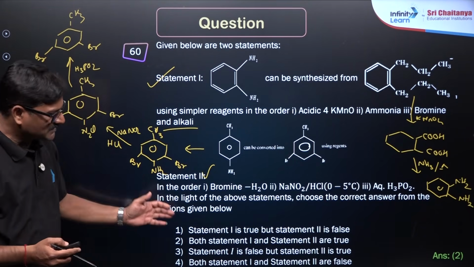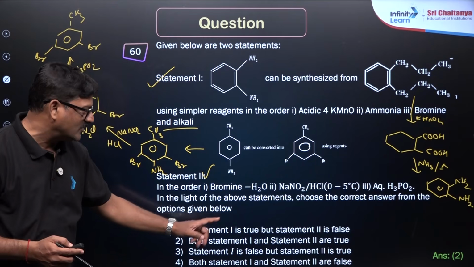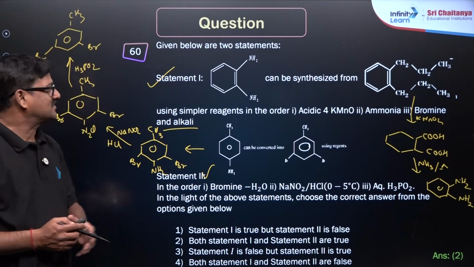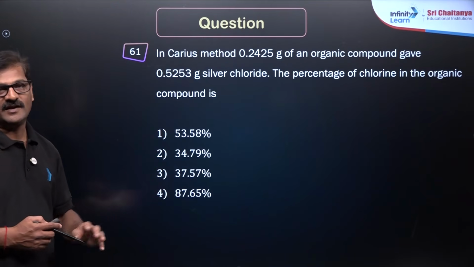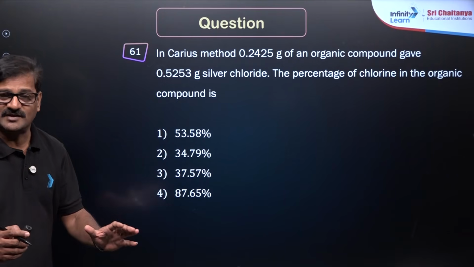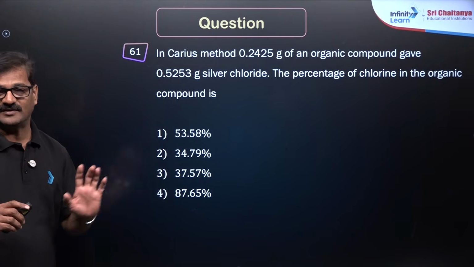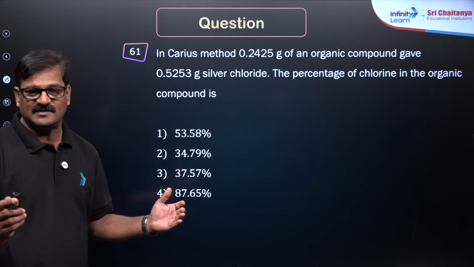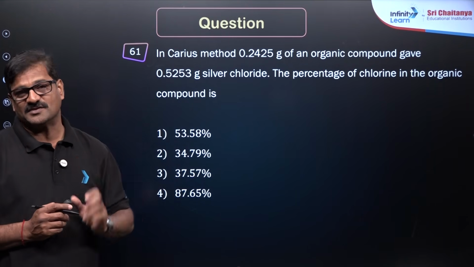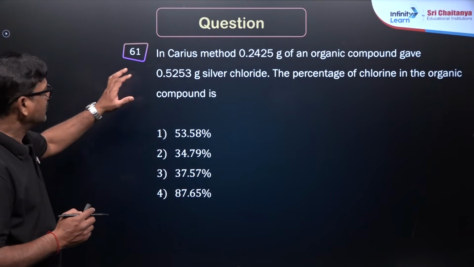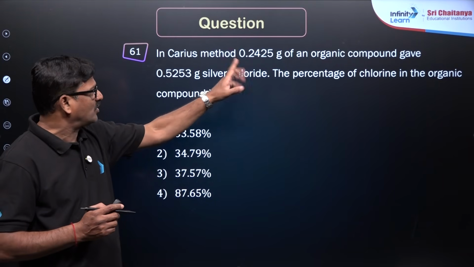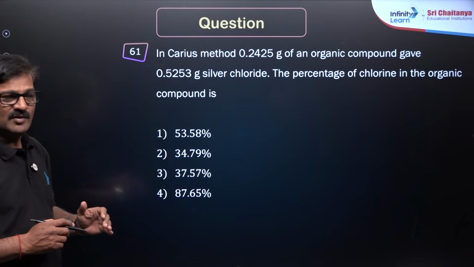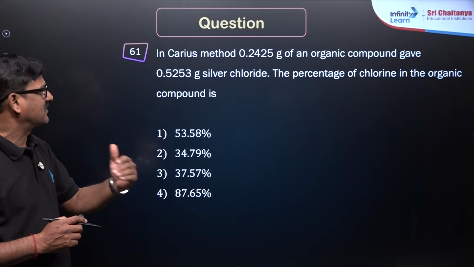So the answer for this question is both statement 1 and statement 2 are correct. Children, here is a question based on the Carius method, practical organic chemistry, grade 11. Every session, from the Carius method or any other methods, estimation of elements is given. In the Carius method, 0.2425 gram of organic compound gave 0.5253 gram of silver chloride.